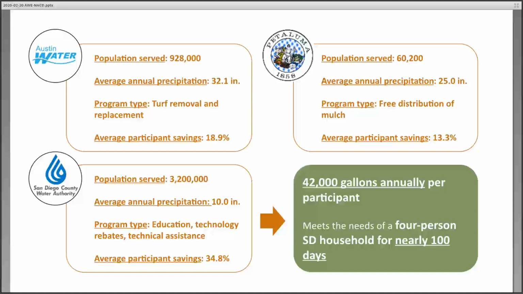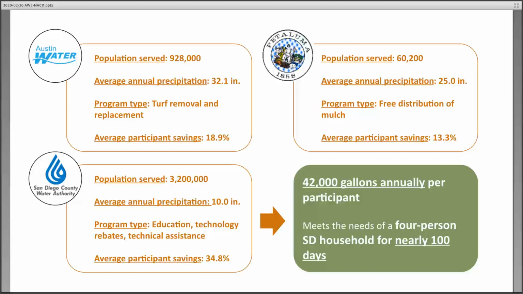They gave out free mulch. They called it Mulch Madness. I'm sure that name didn't hurt participation. It was kind of catchy. But they saw an average savings from their participants of 13%, which I personally was really blown away by. I thought that was a great amount of savings for something like free distribution of mulch.